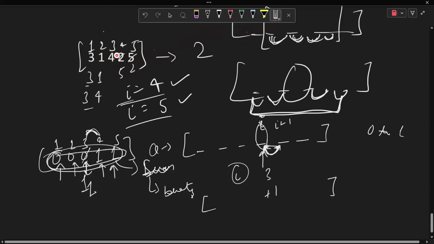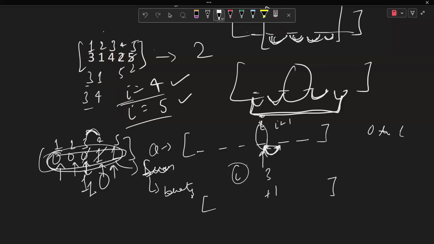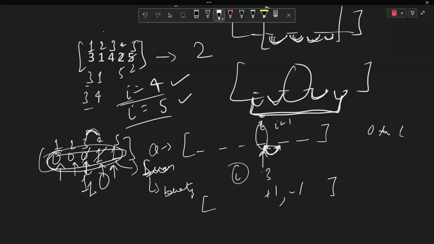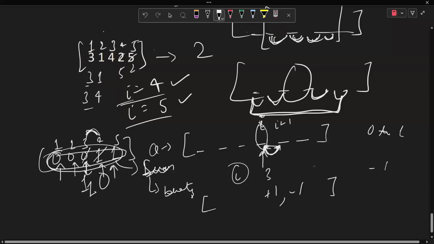Before, at I equal to 4, this was a valid permutation 1 2 3 4, but now it has a 5, which should not be here. So we changed the state from 1 to 0. It was a valid permutation before, now it is not a valid permutation. So for this index, we would store a -1. That if we perform an operation at this index, we are decreasing our beauty by 1.